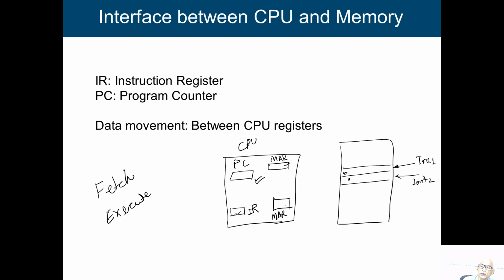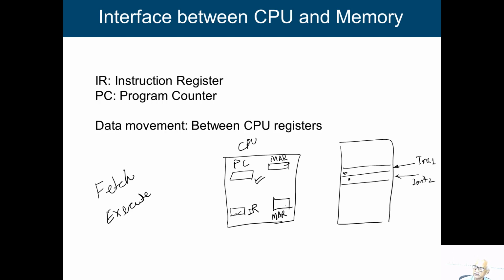To keep the information about which instruction needs to be executed in the next step, and where from we are going to get it, the address of that memory location will be kept in this register called the program counter. So, the program counter keeps track of the execution of the program.